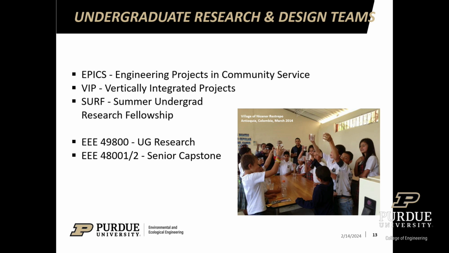SURF is Purdue's Summer Undergraduate Research Fellowship, and each summer we have faculty who sponsor environmental-focused opportunities for that. You do have to apply to the SURF program, and you have to have a 3.0 GPA to be eligible. It's highly competitive, but if you're wanting to get involved in undergraduate research, that is a great pipeline for Purdue students to apply, see if they can be connected to a faculty member to assist them with their research through the summer.